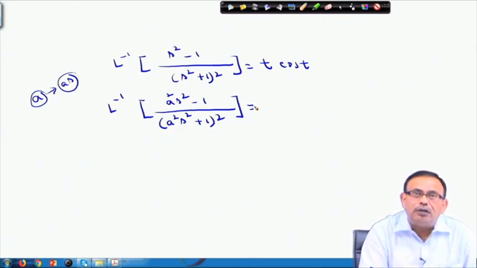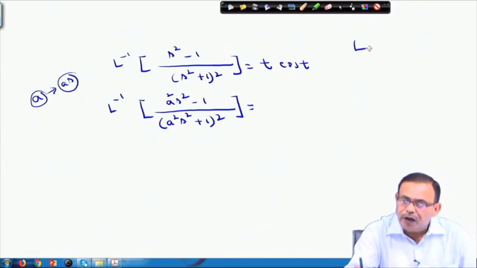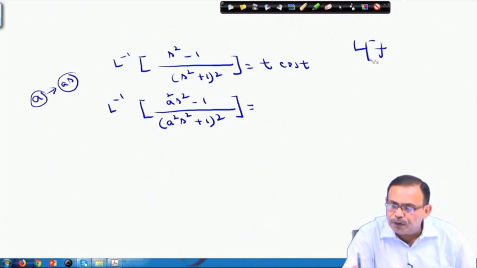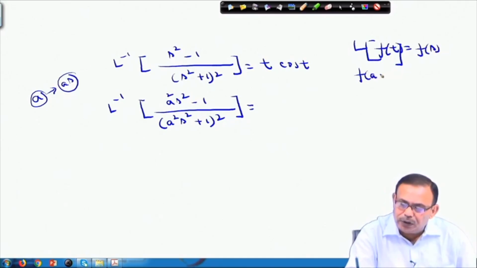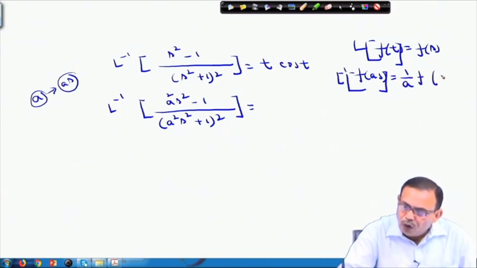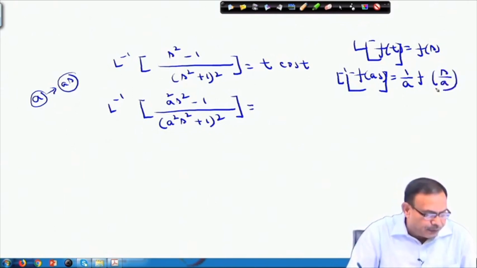Again if you recall, if I know the Laplace transform of f(t) is F(s), then Laplace inverse of F(a s) will be equal to 1 by a F(s by a).